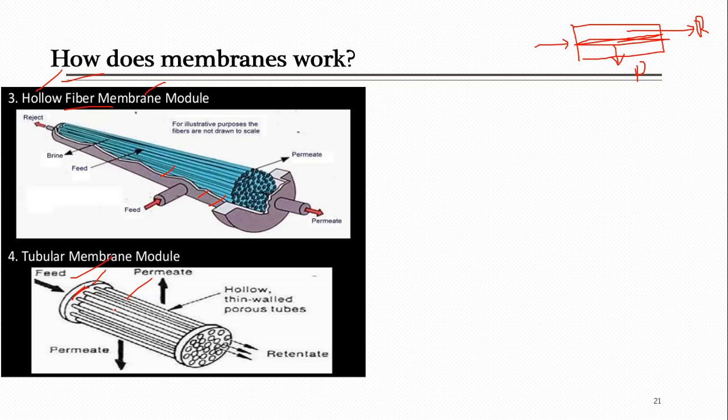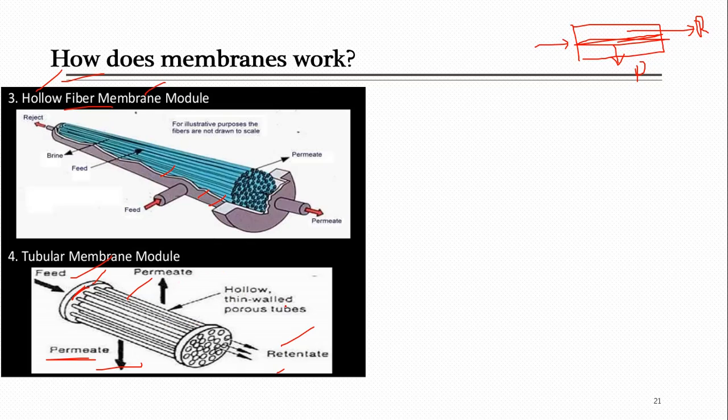When it passes through these tubes, the tubes allow permeate to leave. Some molecules of the feed leave through these tubes as permeate, as shown here, while the rest, which didn't pass through the membrane, move towards the other end of the tube. That is called retentate, and it leaves the membrane module without crossing the membrane, or I can say without permeating through the membrane.